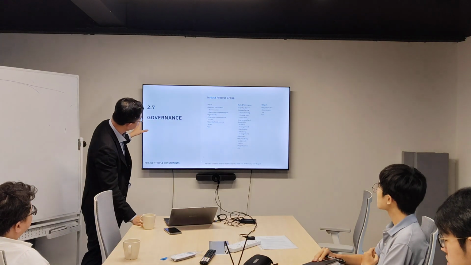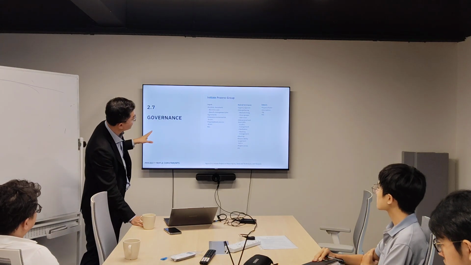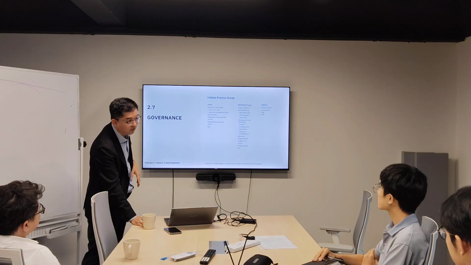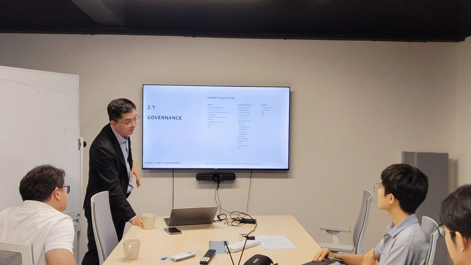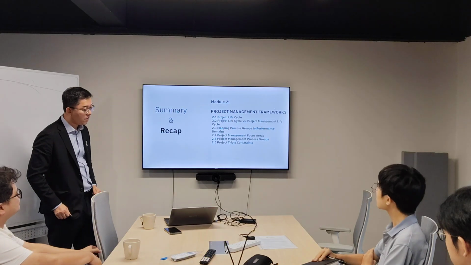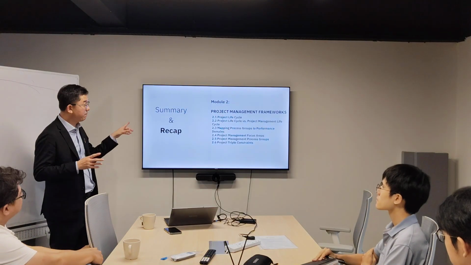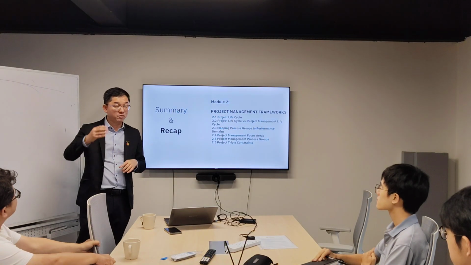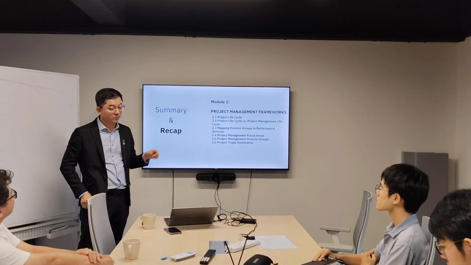So under the first KPI, governance, your output will be the project charter or the assumption log. I just use one example of the KPI because there are 7 groups.